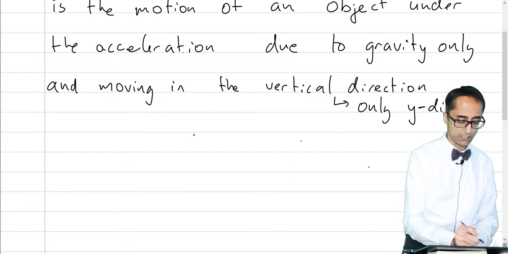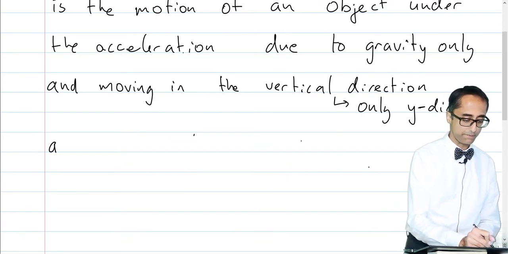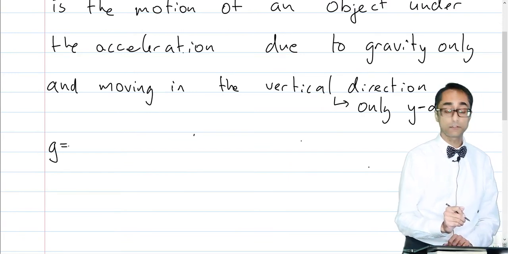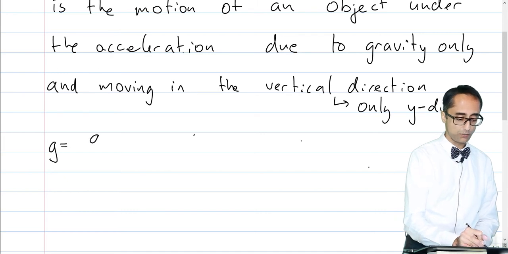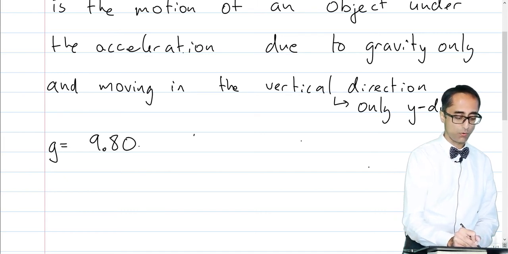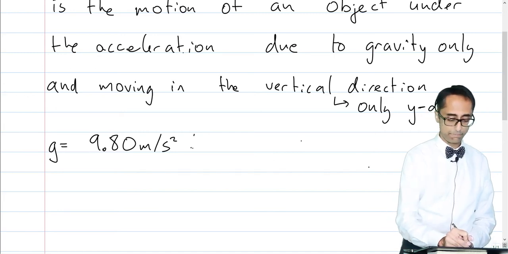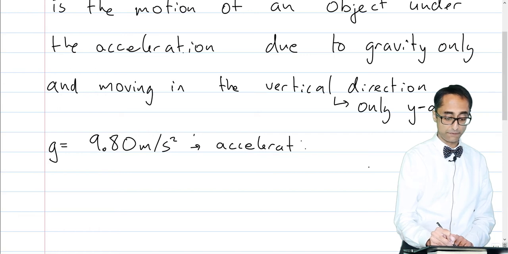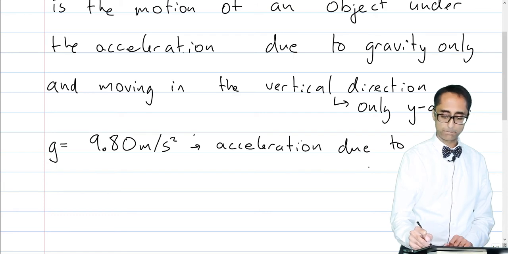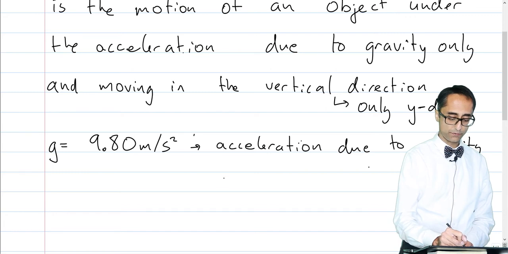It's not a universal constant, but it's a very functional constant of lowercase g equals 9.80 meters per second squared. This is defined as the acceleration, to three significant figures, due to gravity near the Earth's surface.